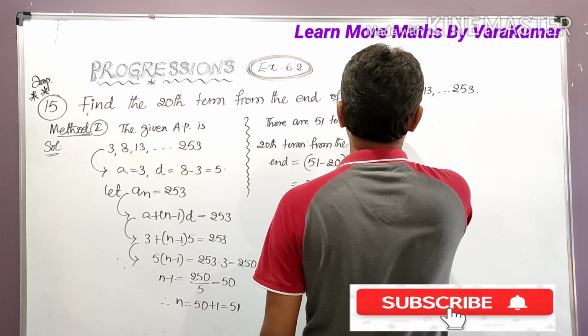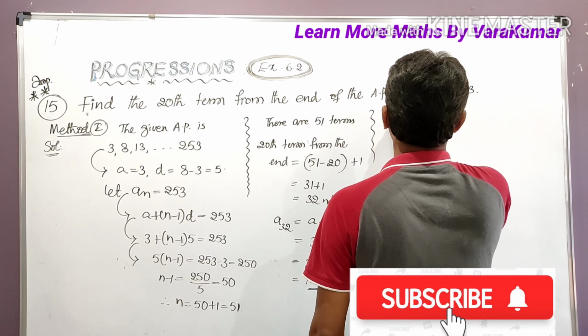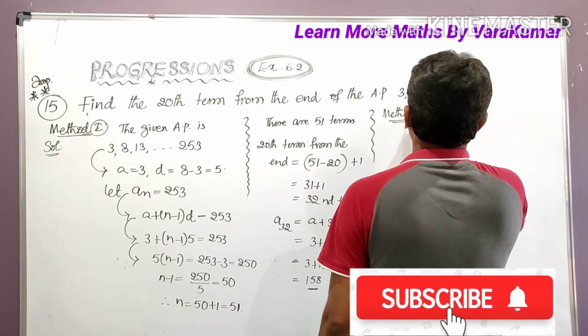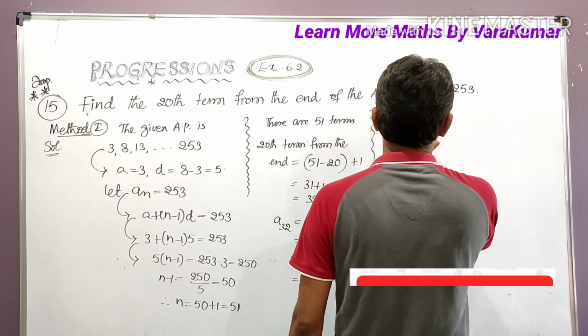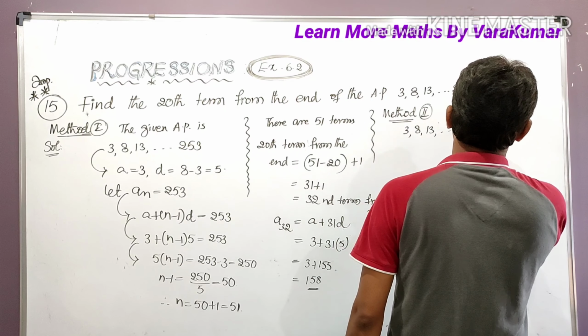There is one more method, student. See here, how can we find with method 2? Second method. The given AP is 3, 8, 13 and so on, 253.